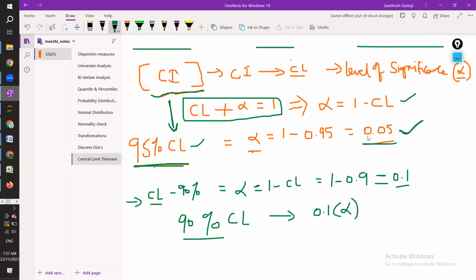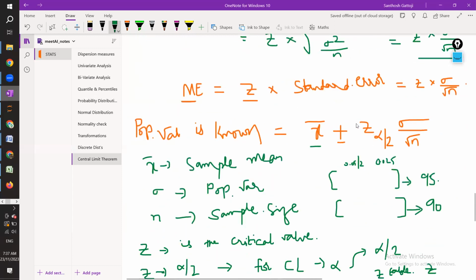And if alpha changes, Z changes. And if Z changes, this whole parameter will change. And what is this whole thing? This is the confidence interval. So this will be the new confidence interval.